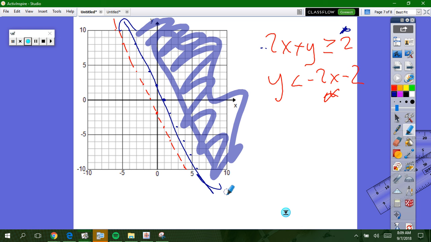So that's that area, huh? Right? Notice this one's not also going through 0, 0, so I'm going to pick it. Is 0 less than -2? No. So that's this side.